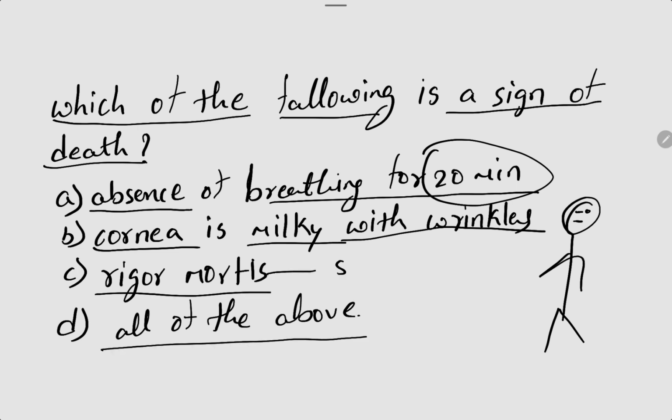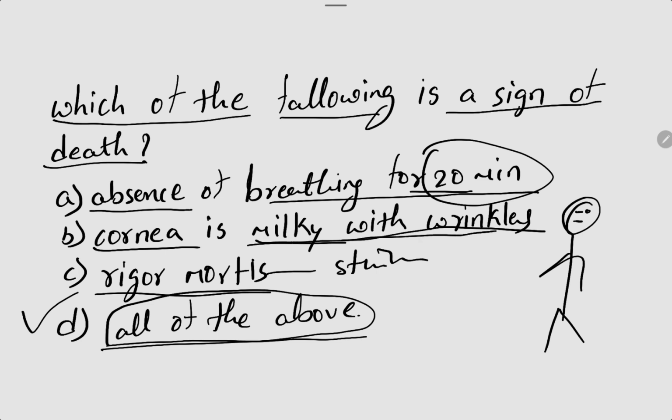The right answer is option D, all of the above. In a dead person we can observe no breathing, dilatation of the pupil, and stiffness of the body. These are the signs of death.